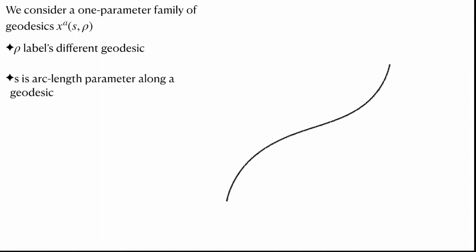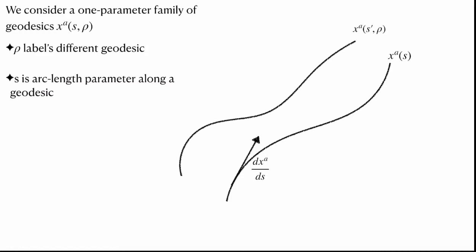If we draw it, we have a single curve which is a geodesic parameterized by arc length, and we have a tangent vector, which we call the 4-velocity, dx^a/ds, and the acceleration is 0 for this, because we are already assuming geodesic motion.